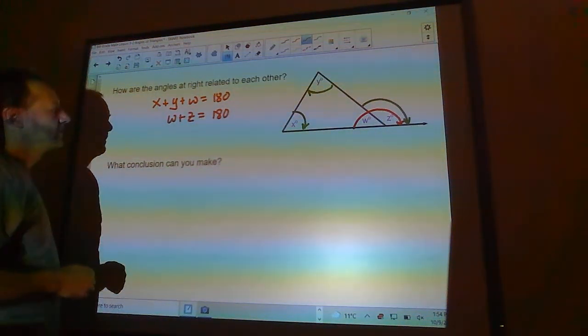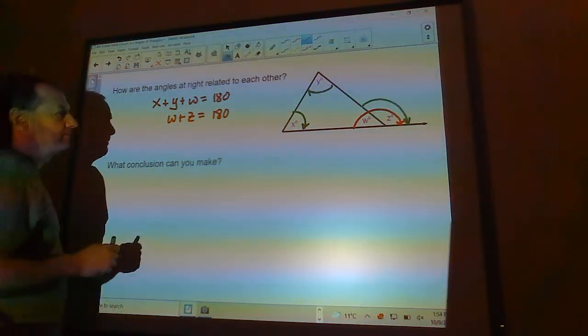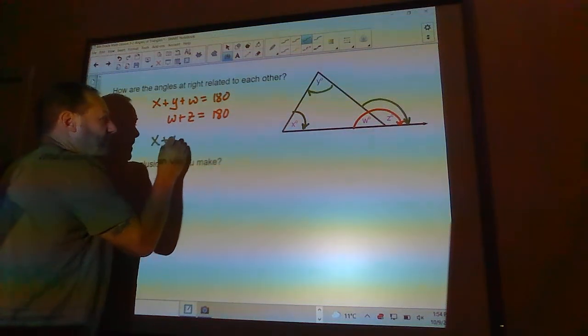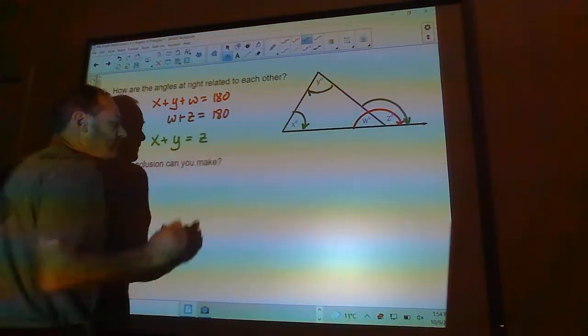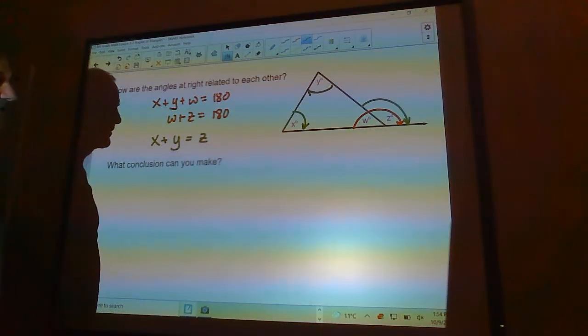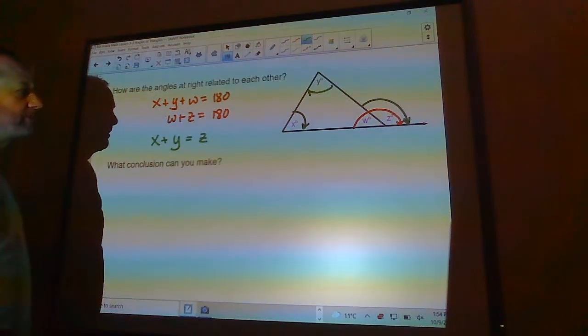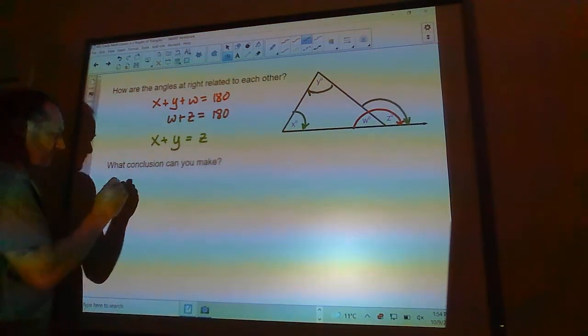Okay? So, I get a new theorem. X plus y equals z in this case. And this is called the, what do they call this? The remote interior angle theorem.